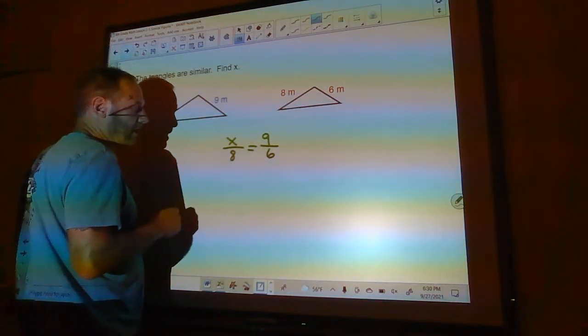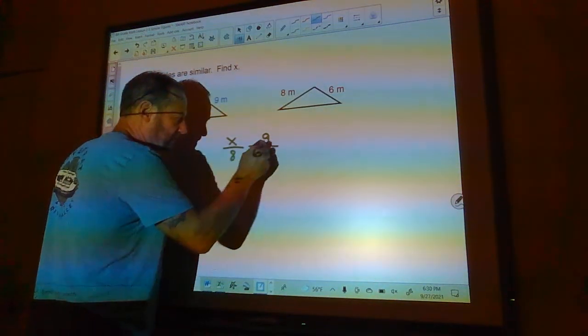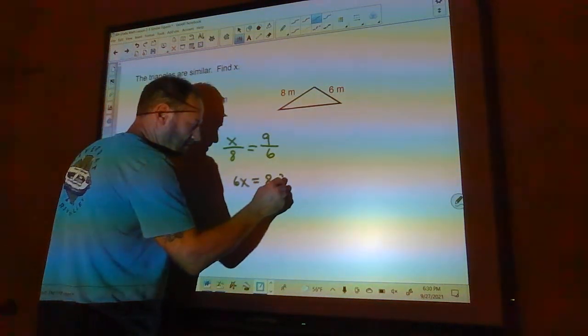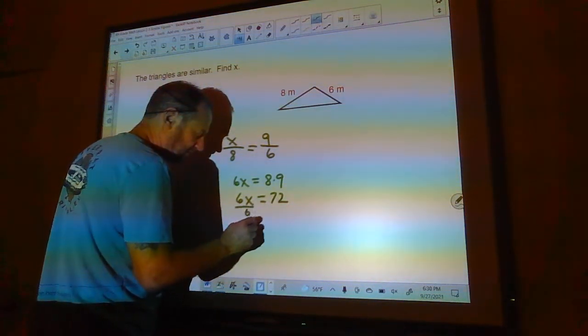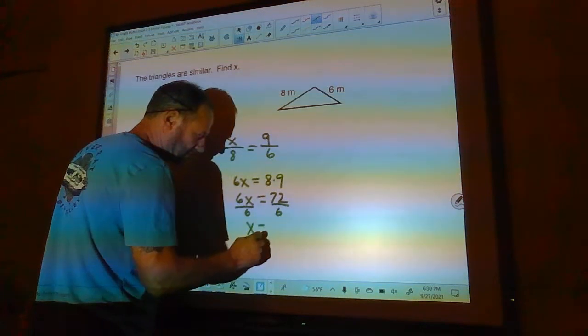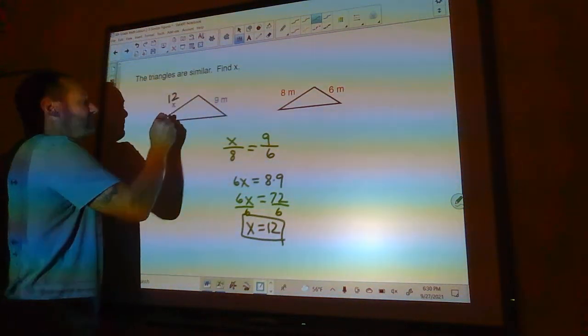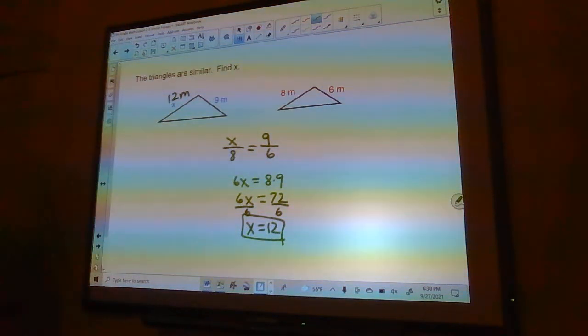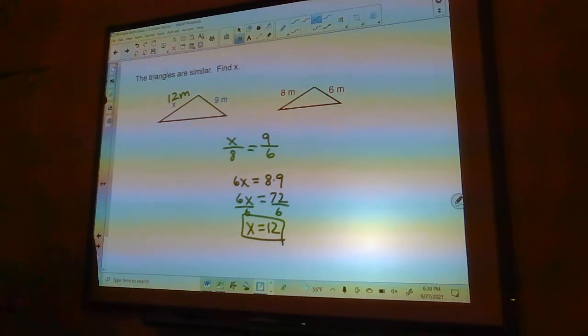So remember, I can cross multiply. 6x equals 8 times 9. So 6x is 72. And when I divide by 6, I'm going to get x is 12. Okay, so this side has to be 12 meters, and then that's similar. If it's anything other than 12, it's not similar.